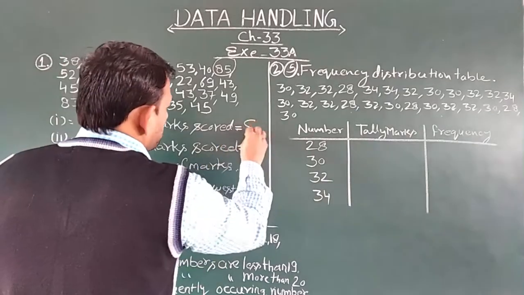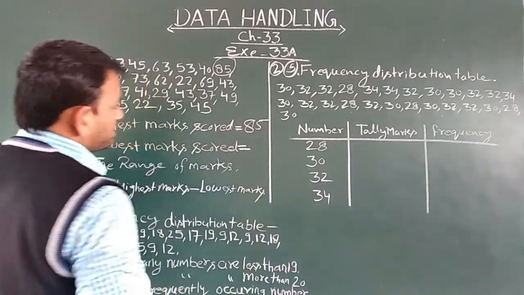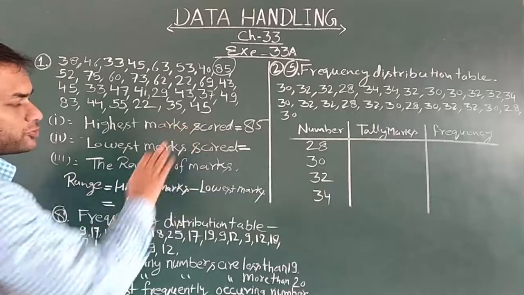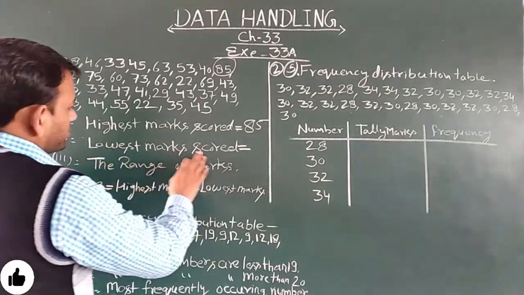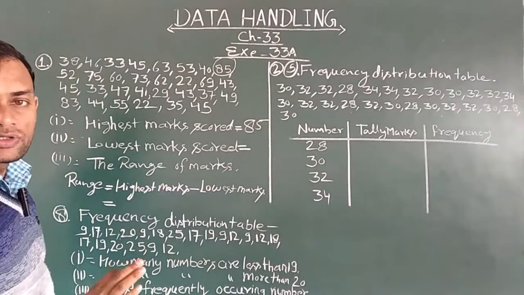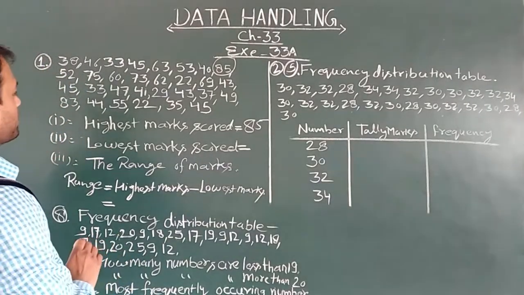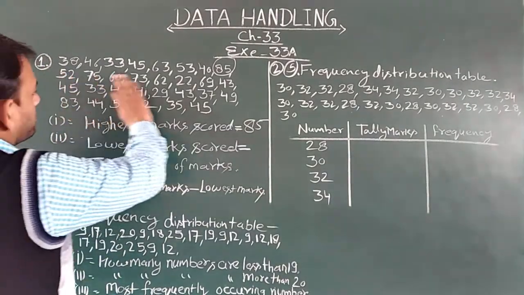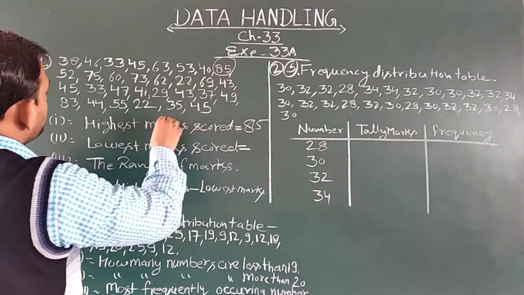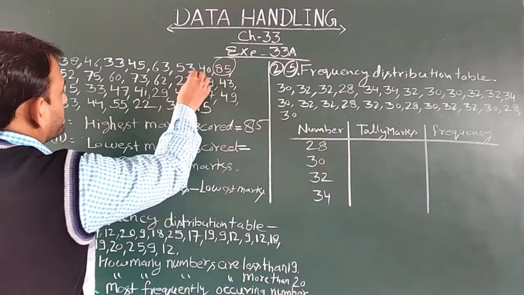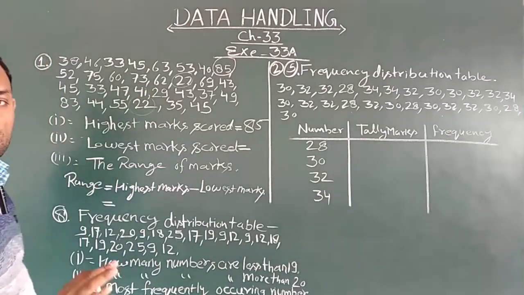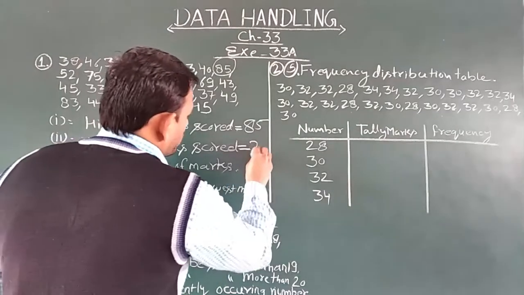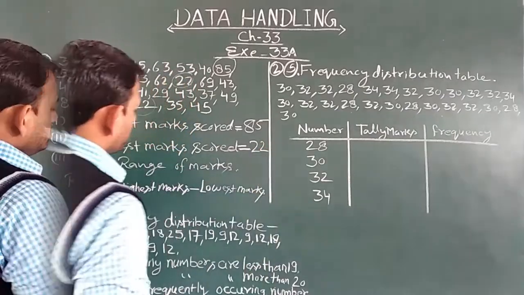Now, what is the lowest mark scored by the student? If you observe all the data, you will find that 22 is the lowest mark scored by the student.